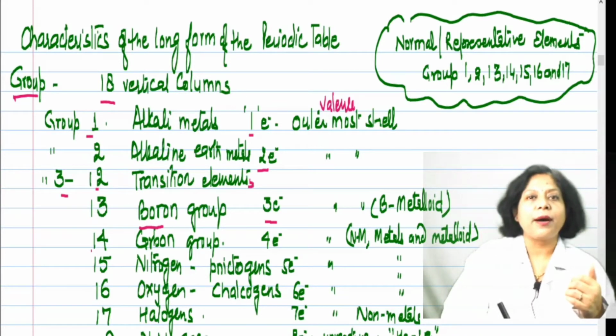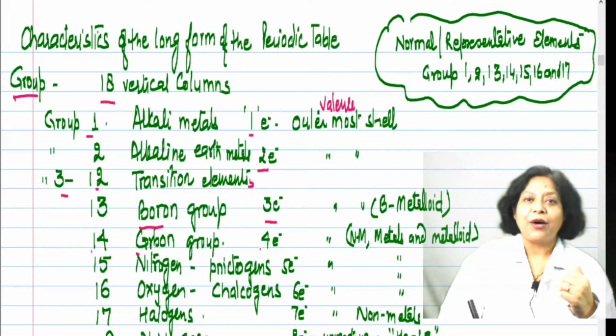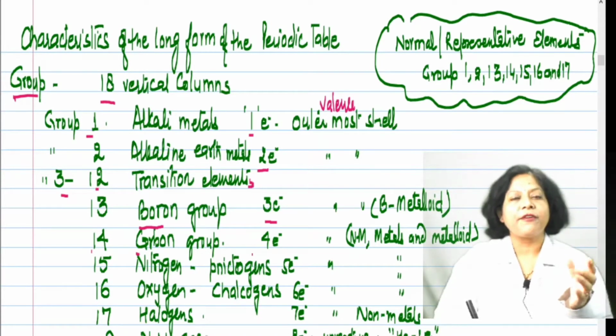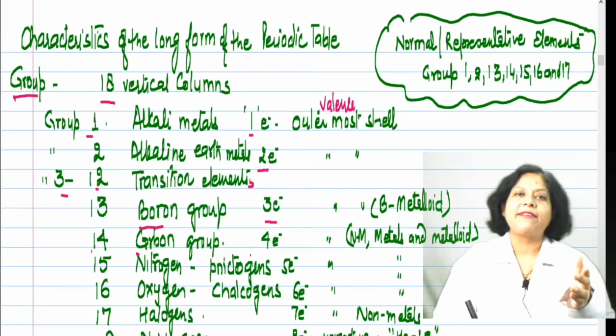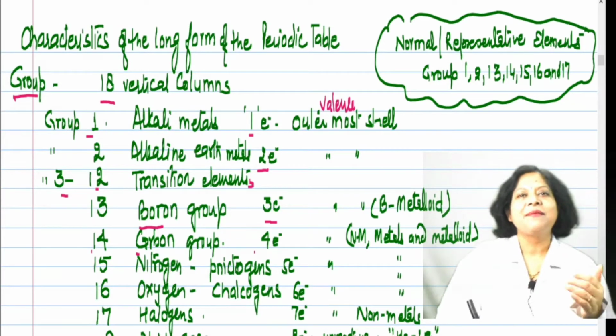Then we talk about group 14, which is the carbon group. It has 4 electrons as the valence electrons, or 4 electrons in the outermost shell. Now children, from this group onwards, you have elements classified into non-metals, metalloids and metals.